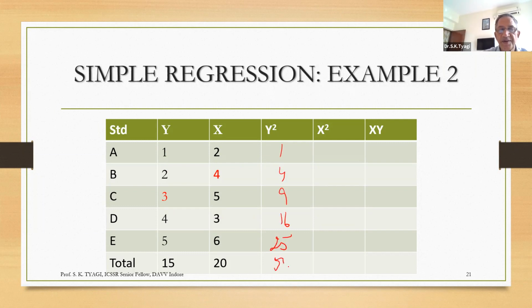And the total is 55. X square is 4, 16, 25, 9 and 36.